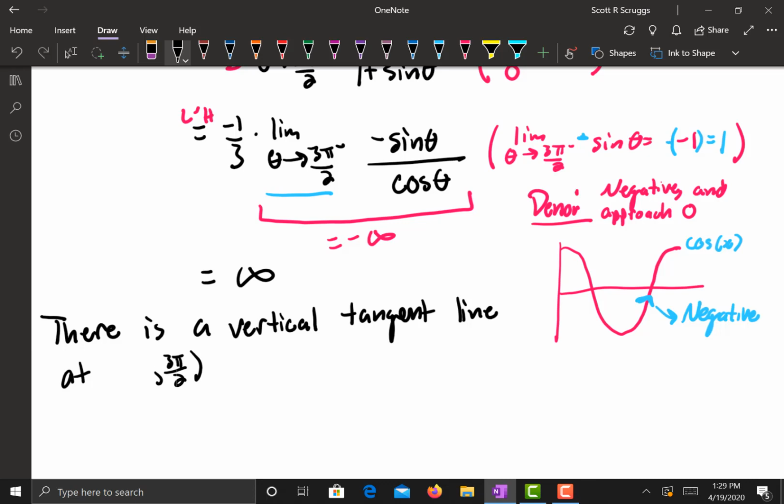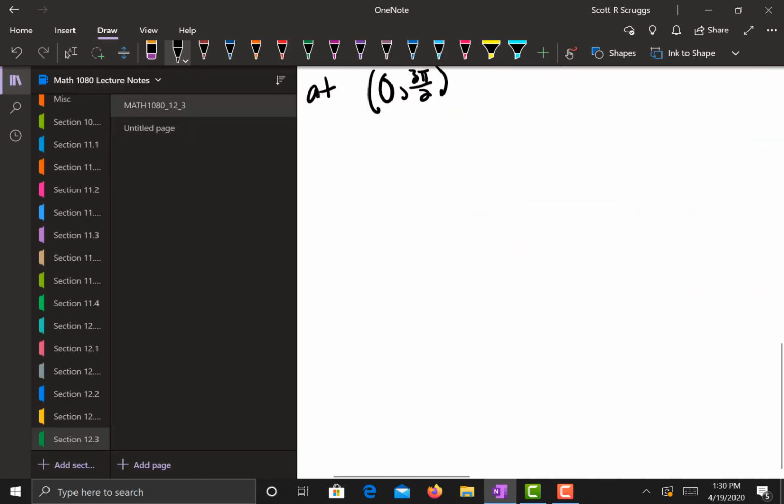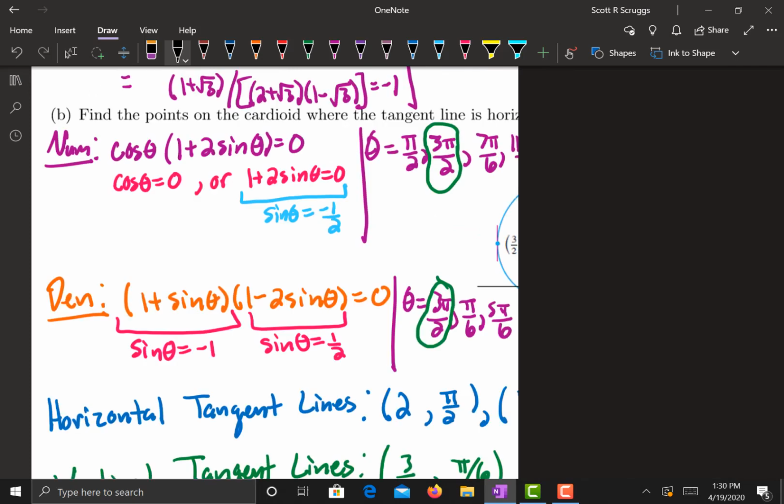If you plug it into our polar equation, we'll get 0 for our radial coordinate. And there we go. That's how we're going to tackle that type of question when we have to find horizontal and vertical tangent lines. So let's summarize that up.